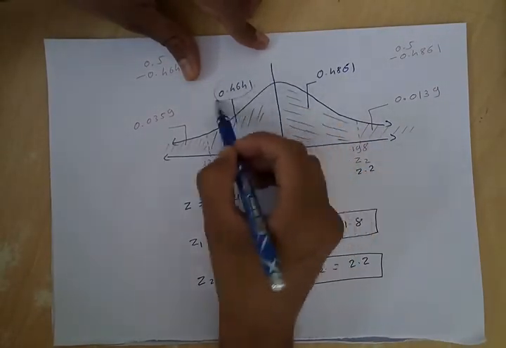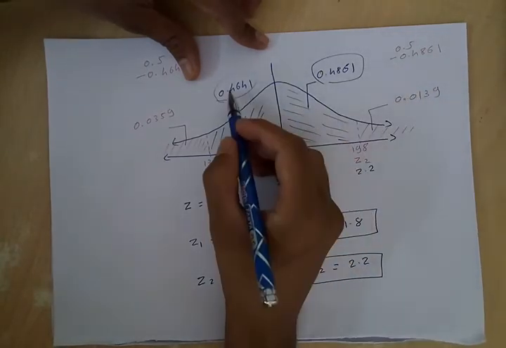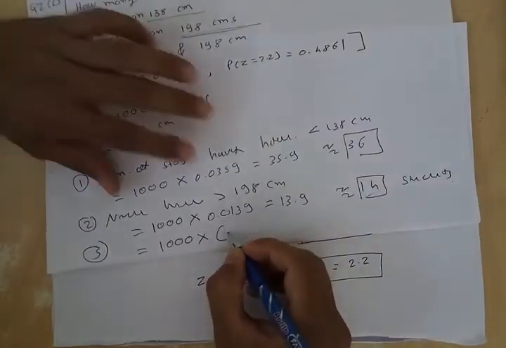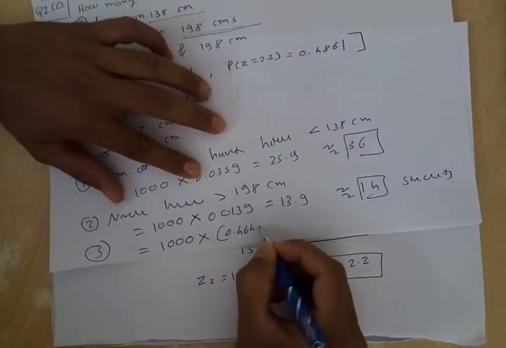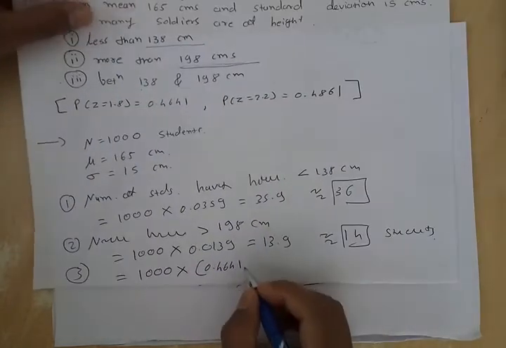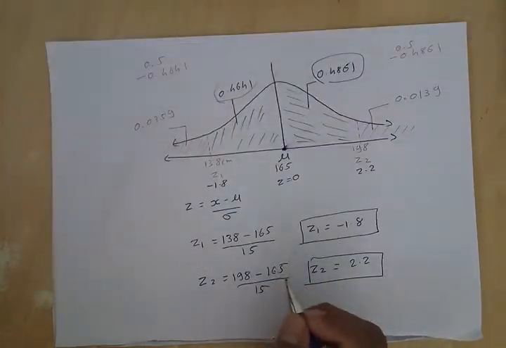So we have to sum up these two values, 0.4641 and 0.4861.